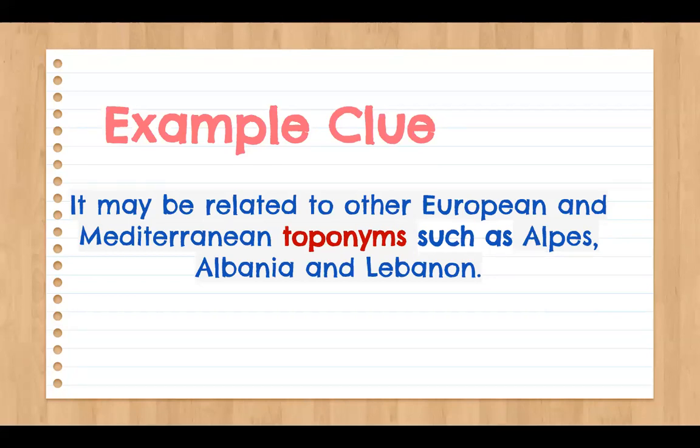For example, here: "It may be related to other European and Mediterranean toponyms, such as the Alps, Albania, and Lebanon." So we want to know the meaning of toponyms, and we have examples of what a toponym is, like the Alps, Albania, and Lebanon. So what are these? These are places. So we can guess that a toponym is a place name such as the Alps, Albania, and Lebanon.